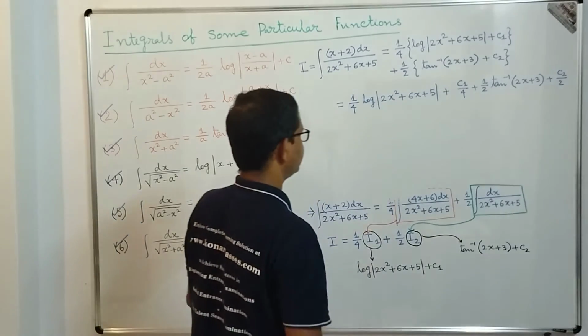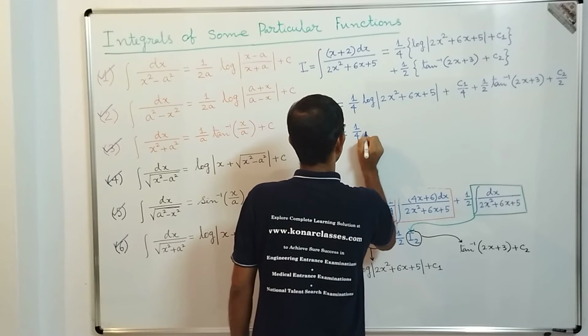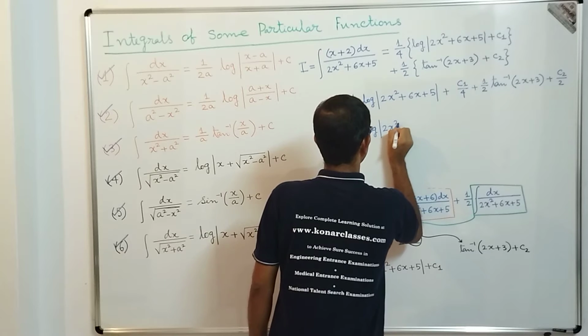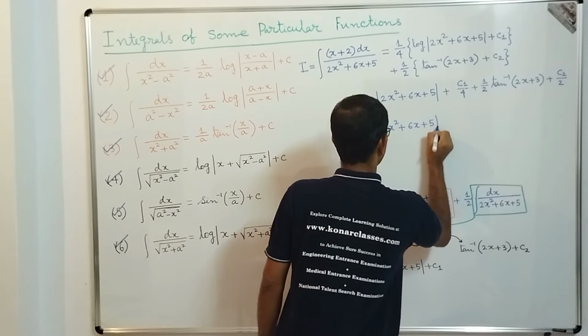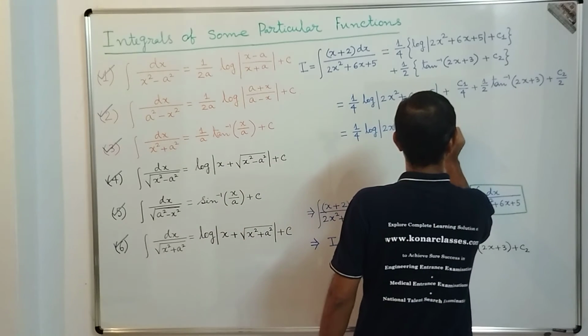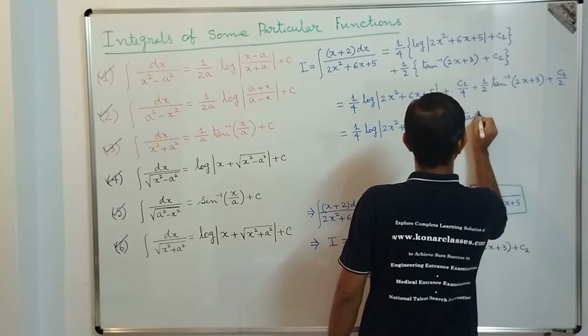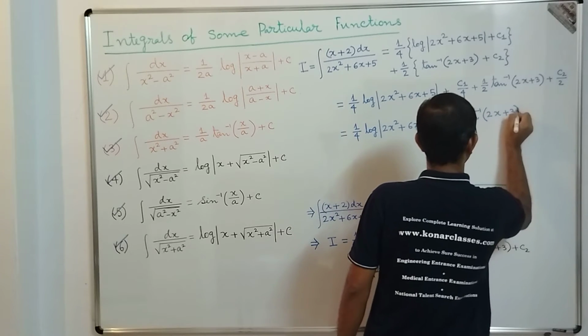So finally, what answer you can write, dear students, is 1 by 4 into log of mod 2x square plus 6x plus 5 plus 1 by 2 into tan inverse of 2x plus 3.